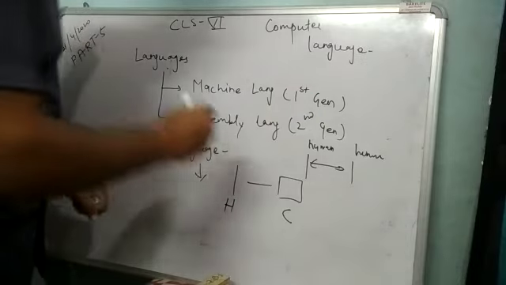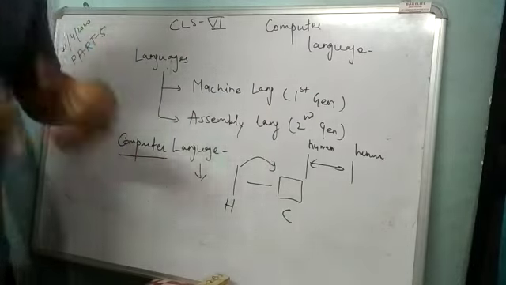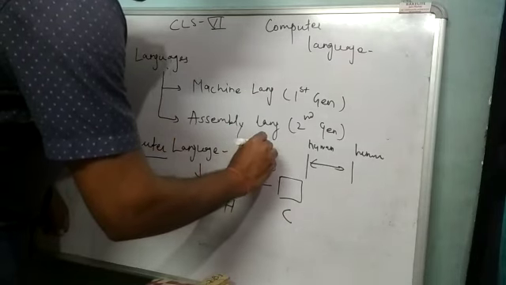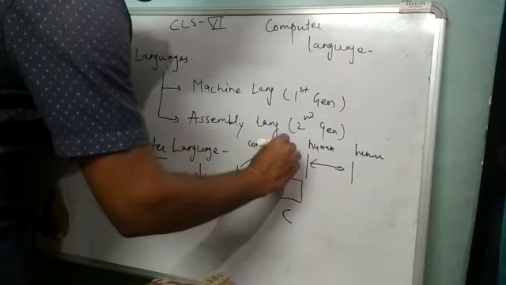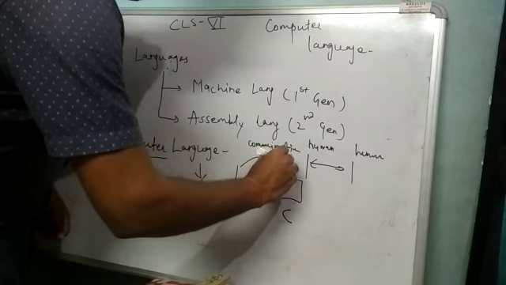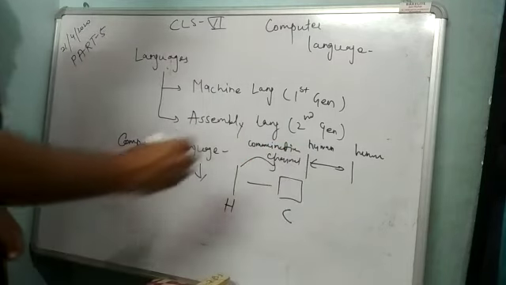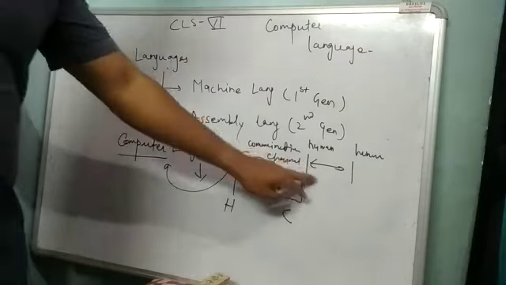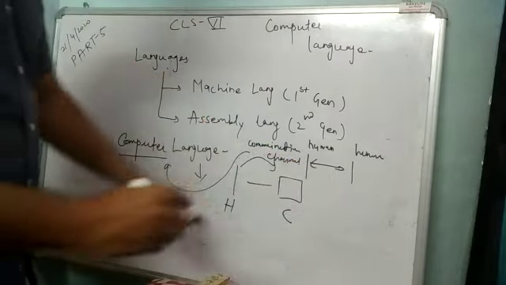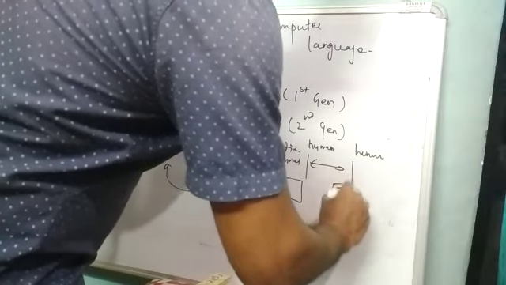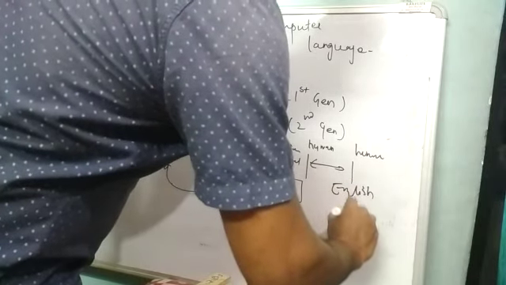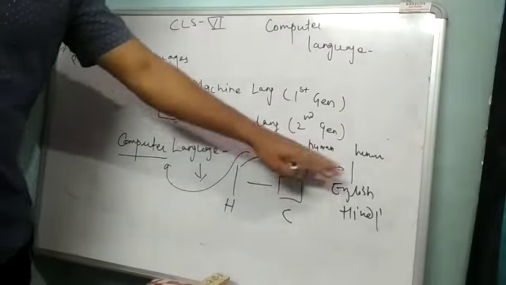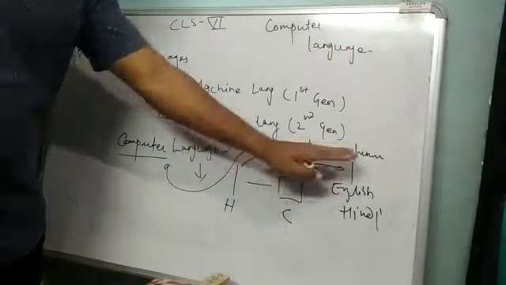You will instruct this computer, or in other words, you will create a communication channel through computer language. Here we create a communication channel through English or Hindi, but in that case both were humans.